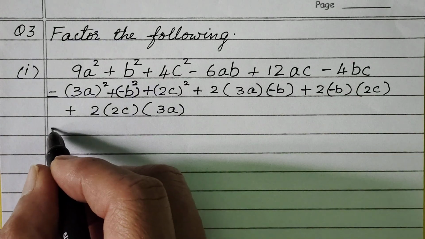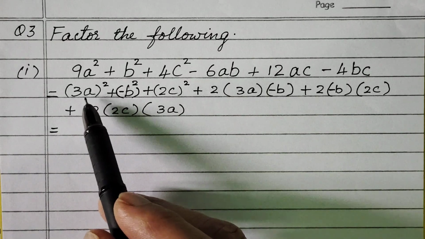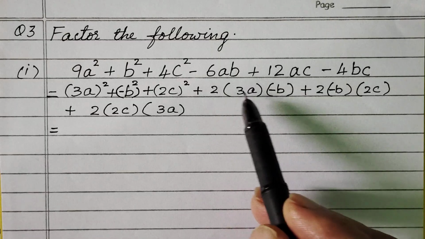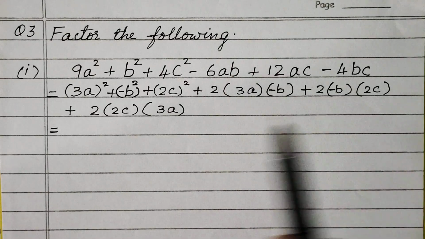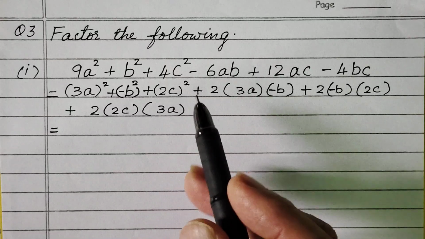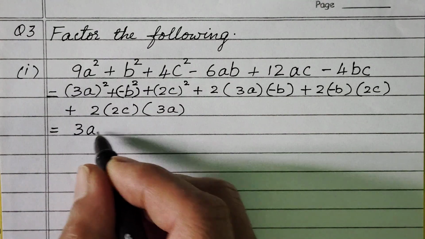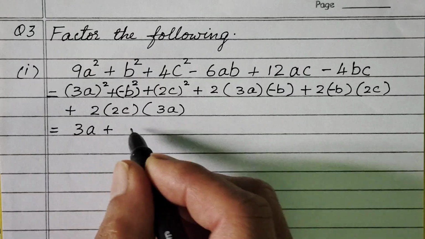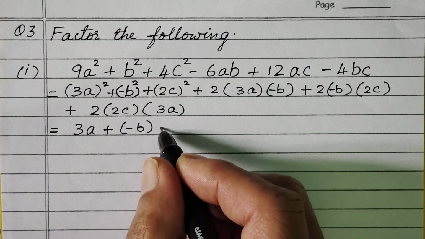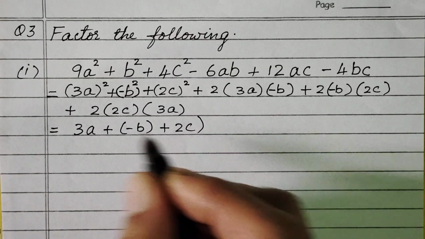So now I can write, it's in the form of a square plus b square plus c square plus 2ab plus 2bc plus 2ca. So I can write a plus b plus c whole square. So 3a plus minus b plus 2c whole square.